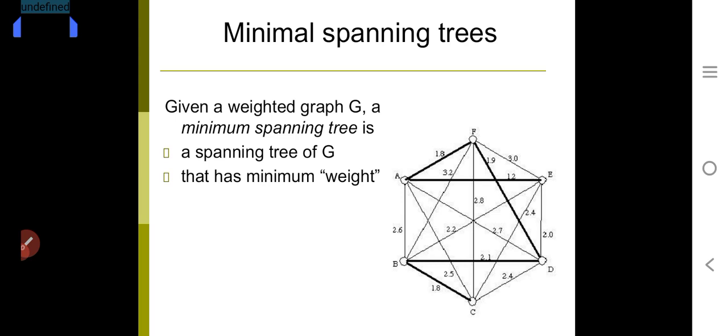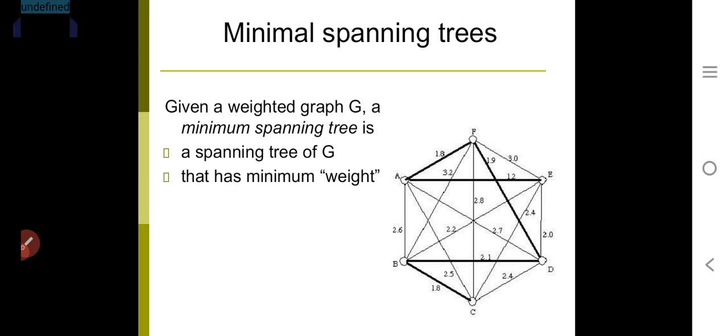This is known as a minimal spanning tree. How do we find the minimal spanning tree value? It is based on two algorithms, that means two basic methods. These are known as Prim's algorithm and Kruskal's algorithm.